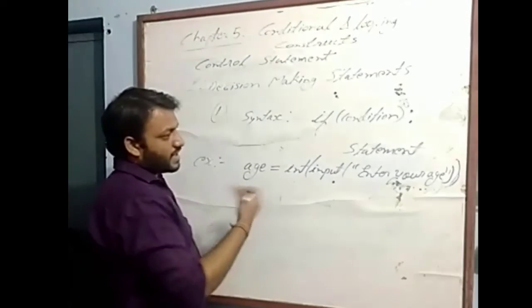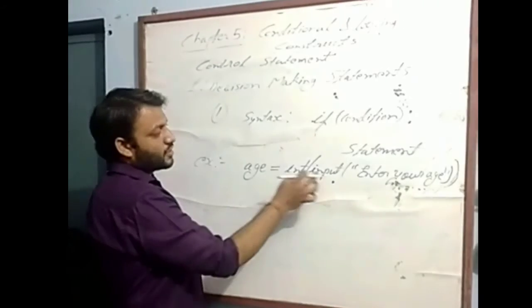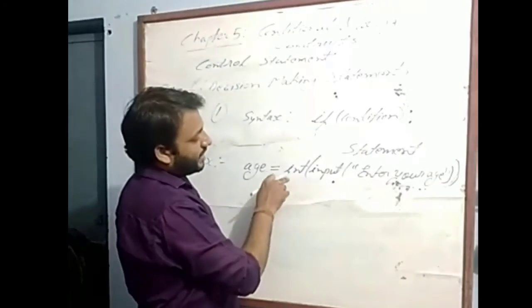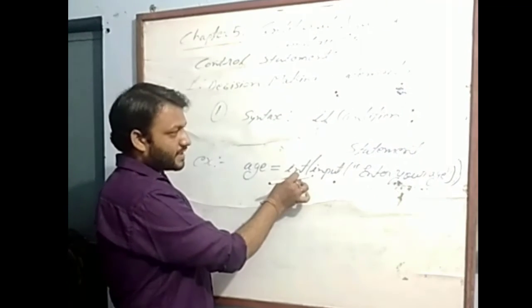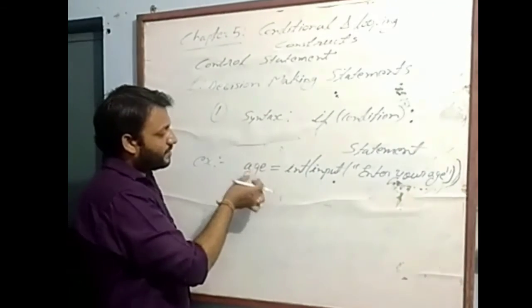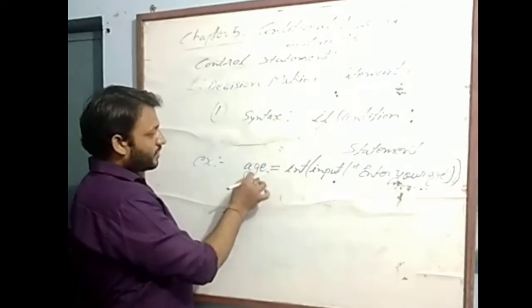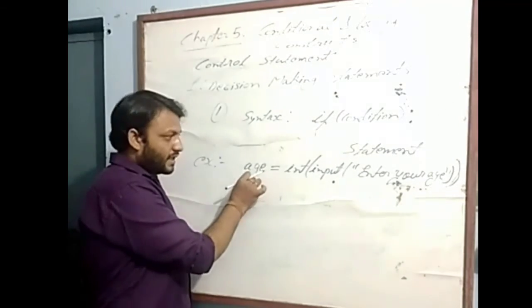When we start our program, the user will input the age, and that age should be integer type, so that's why we are using the int data type. The integer value will be assigned into the age variable.